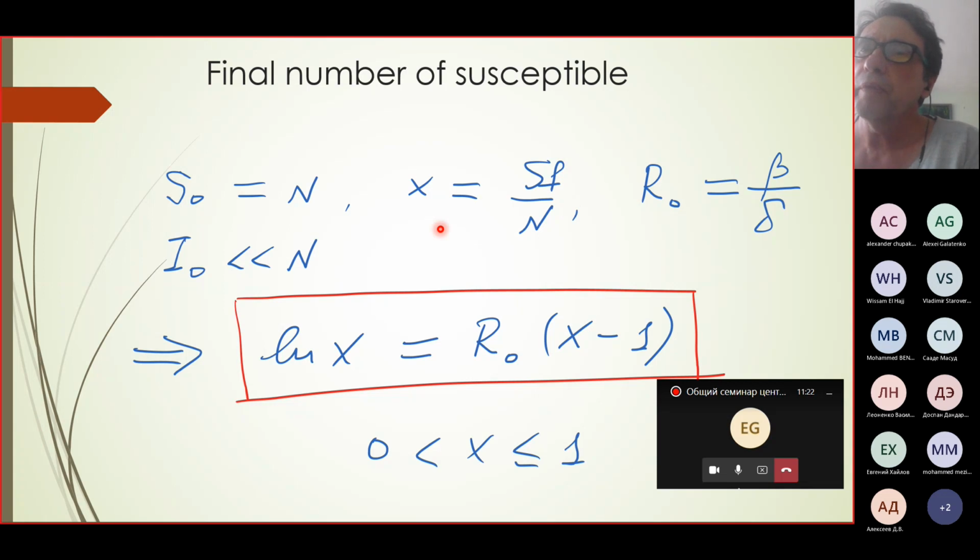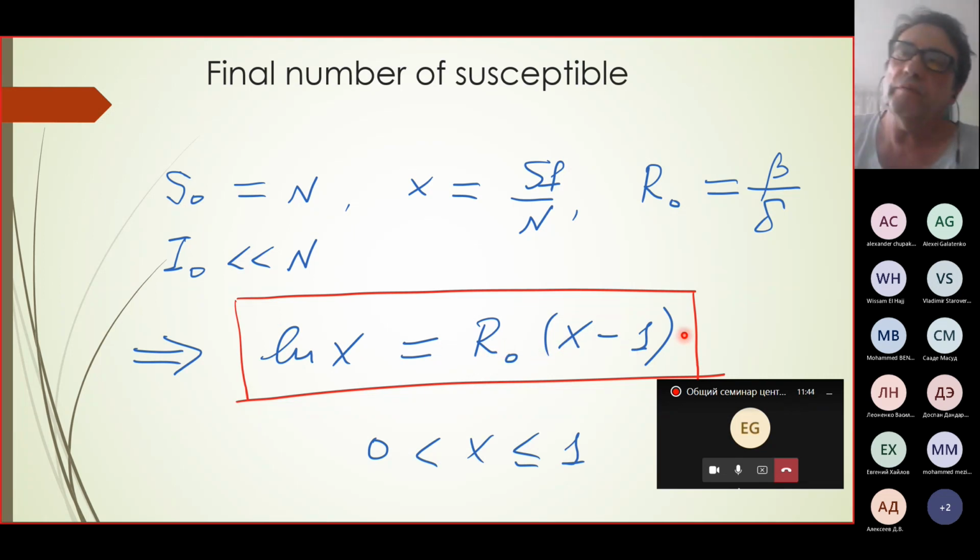And doing these calculations, we obtain this equation written here for this x. It's the ratio of S_f to the initial number of susceptible or to the total population. So we have this equation: logarithm of x equals R0 times (x minus 1).